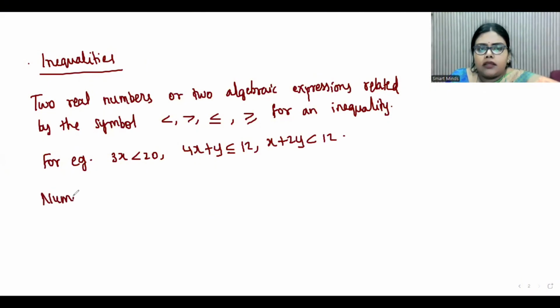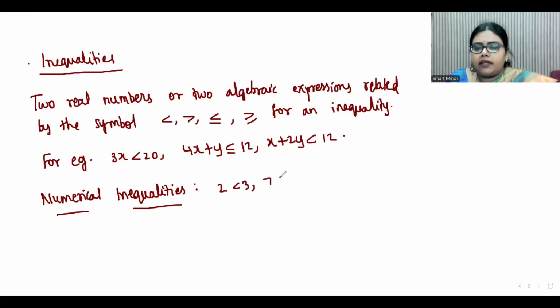One is numerical inequality. What are numerical inequalities? 2 less than 3, 7 greater than 4, for example. So these are the examples of numerical inequalities, when you are comparing only numbers.